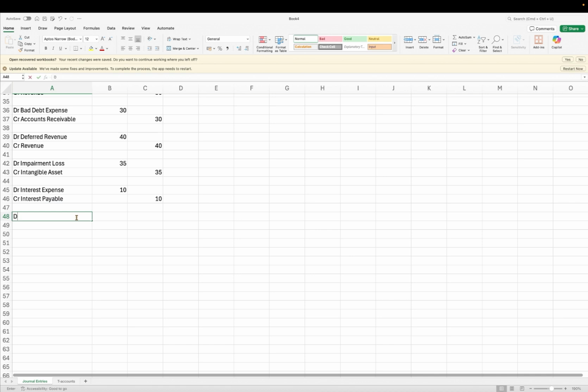So for this, our transaction will be using depreciation expense, which is 2, and credit as accumulated depreciation, which is also 2.